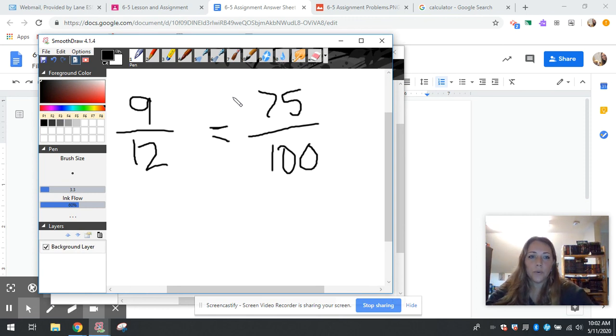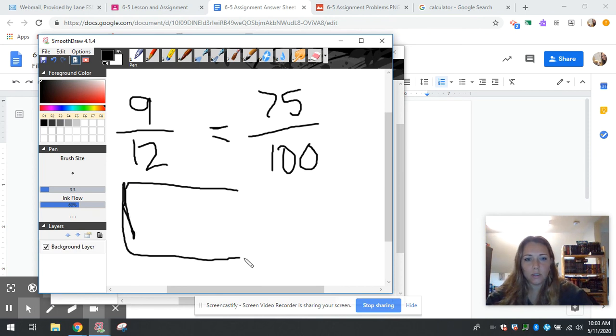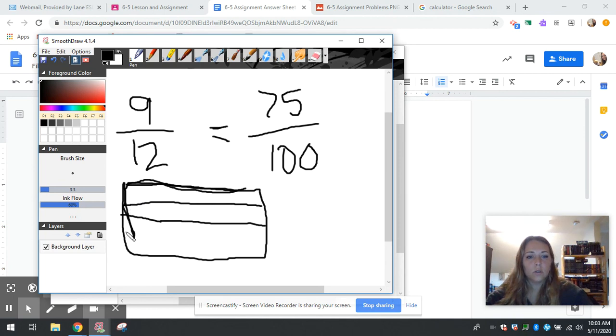If we know a basic idea of fractions and how some are equivalent... this is going to be ugly. Let's just say, okay, I'm trying my best here. Work with me. We cut this up into 12 pieces.